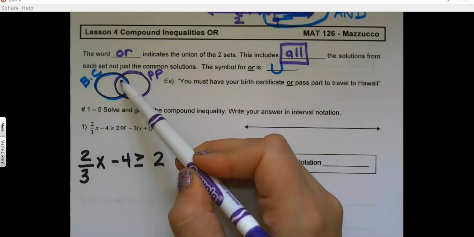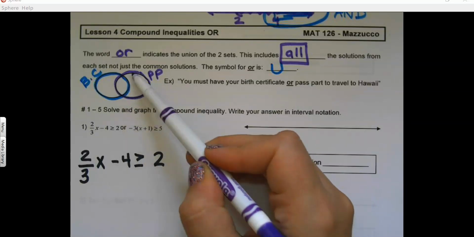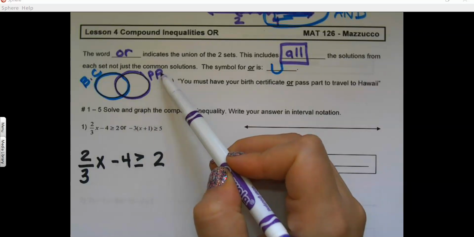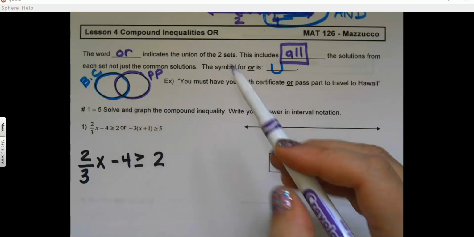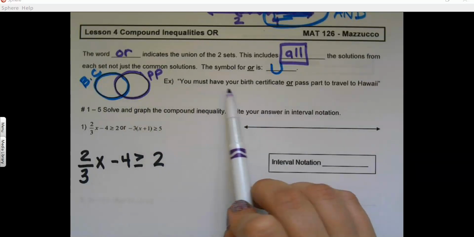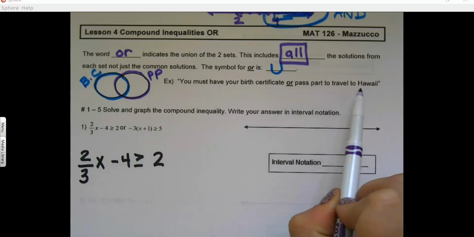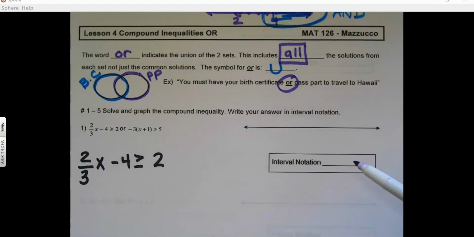Stand here, in both circles, if you have both with you. And stand over here if you just have a passport. It says you must have your birth certificate or passport to travel to Hawaii. Because it has the word or, you don't have to have both.